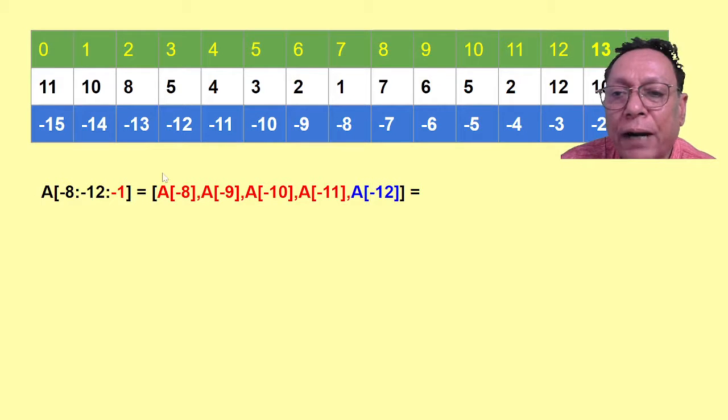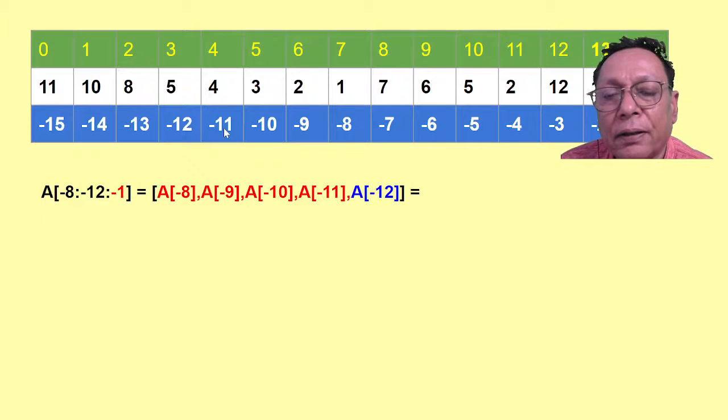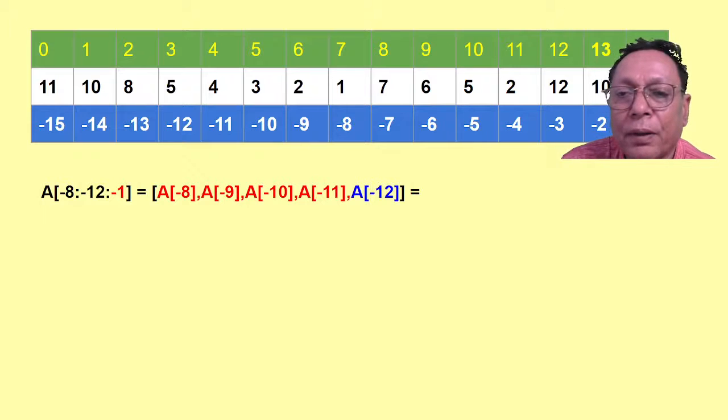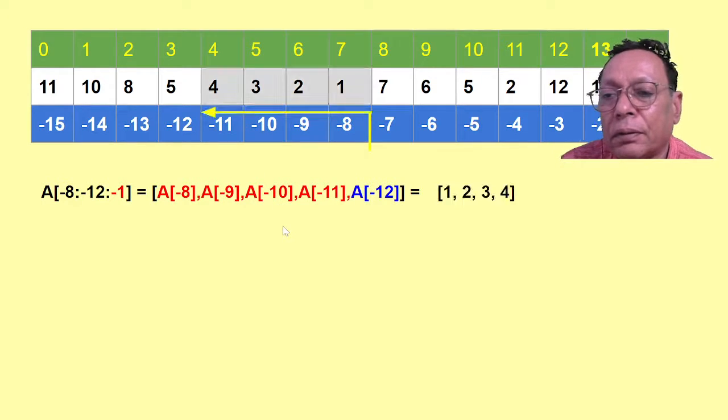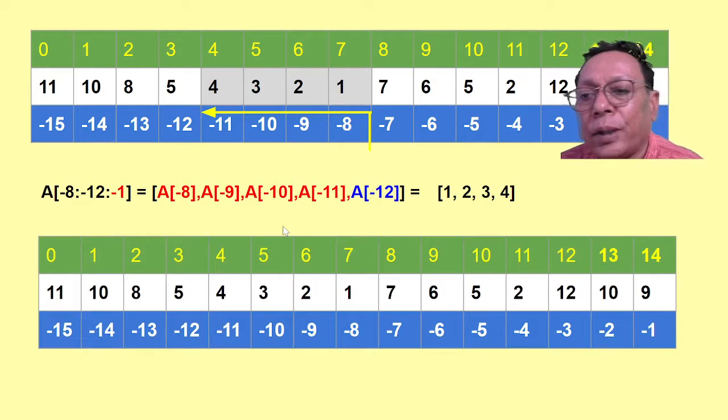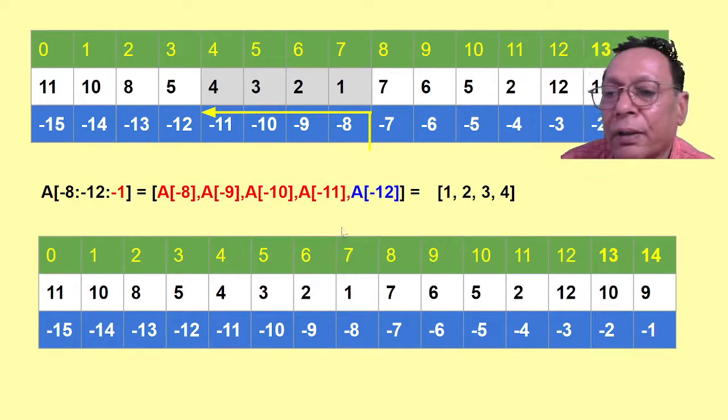So right to left, the first index will be -8, then -9, -10, -11, and that's all. -12 will be excluded, and hence you'll get 1, 2, 3, 4 as the slice. So right to left you'll get the slice 1, 2, 3, 4.